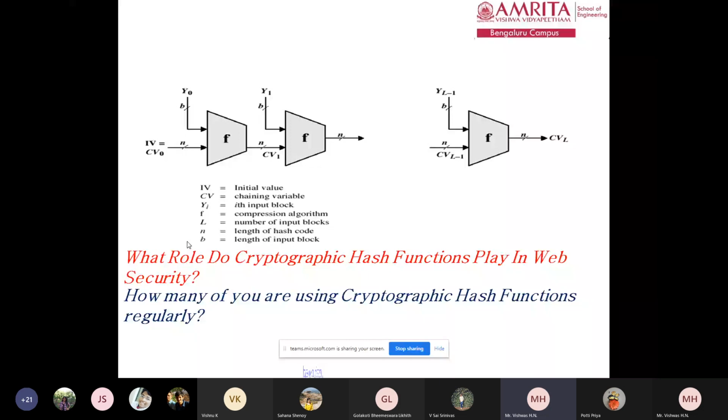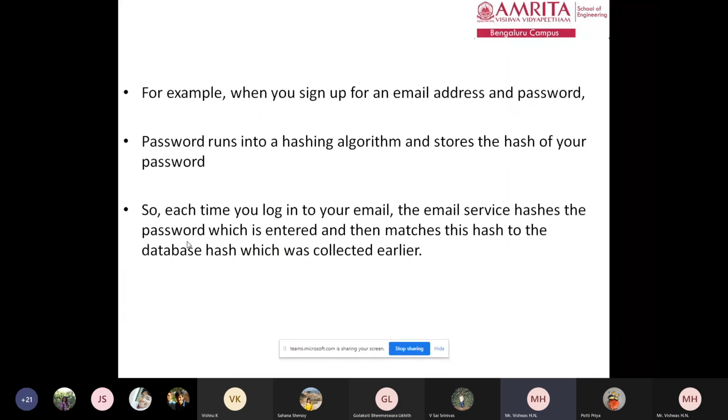Say for example, when you sign up for an email address and password, generally what happens when you type your username and password? The password runs into a hashing algorithm and stores the hash of your password. When you give the password, the actual password will not go through your network to the server.